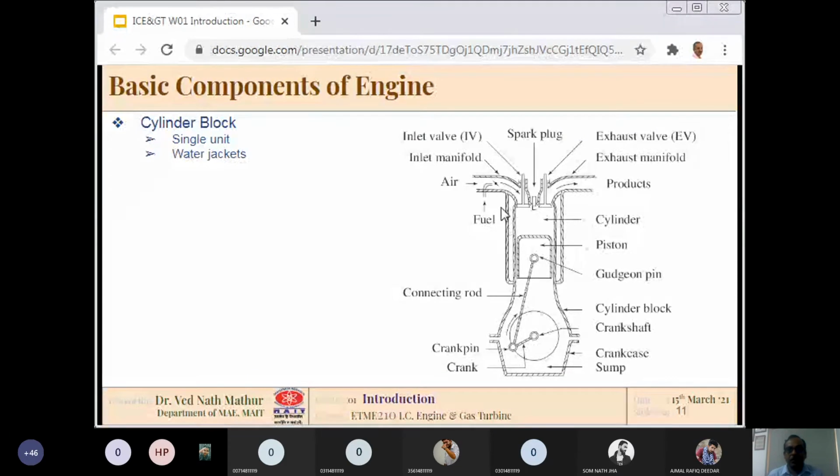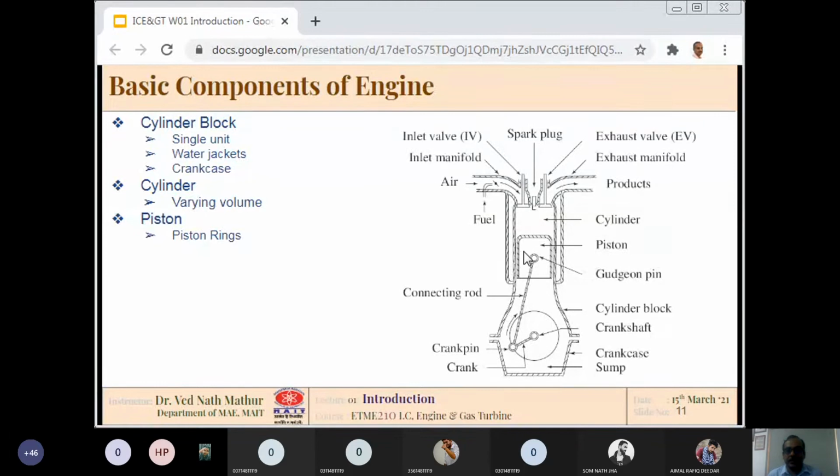The cylinder block has water jackets in which water or oil flows for cooling of the engine, and the bottom portion is called the crankcase. Now within this cylinder there is a piston which, when it moves inside the cylinder, varies the volume of the cylinder, so it's a varying volume cylinder.